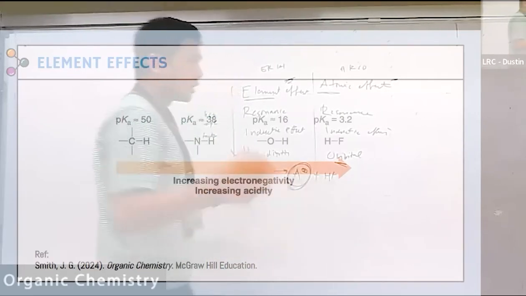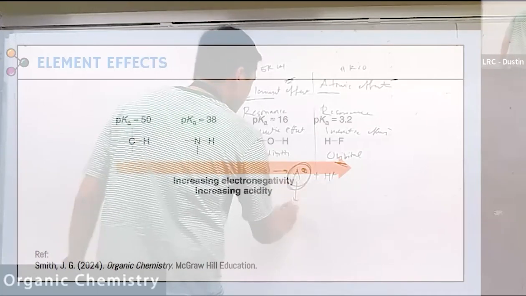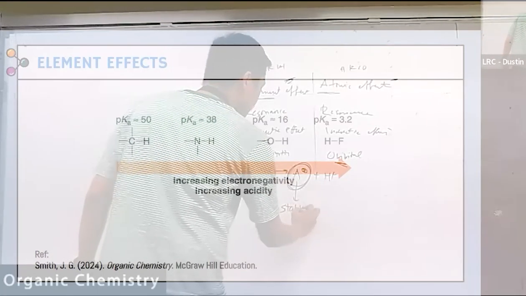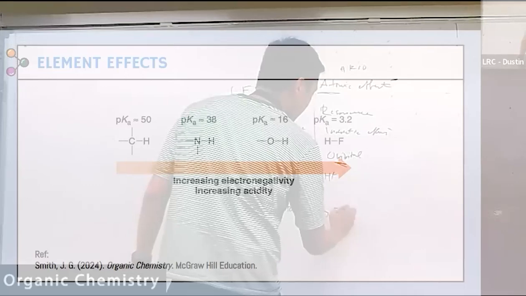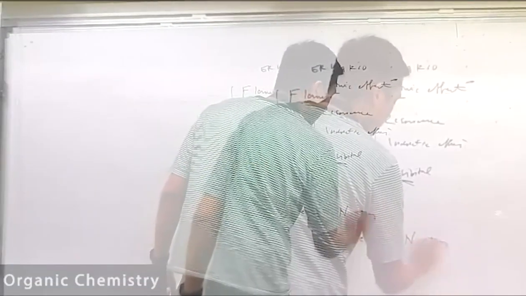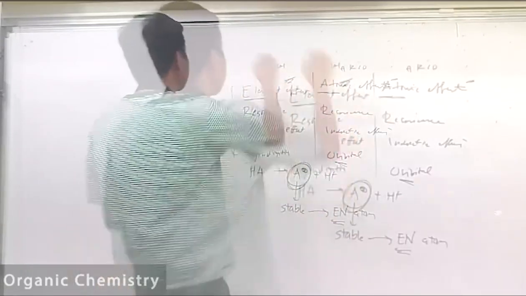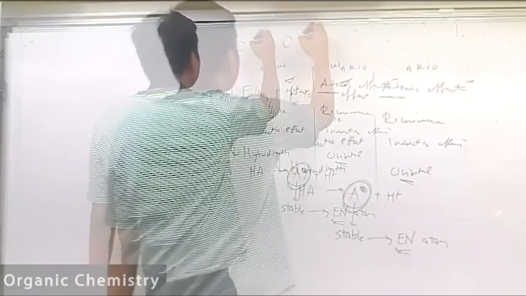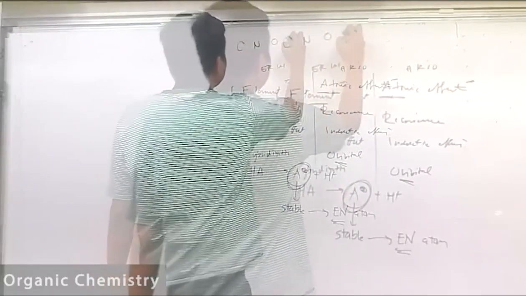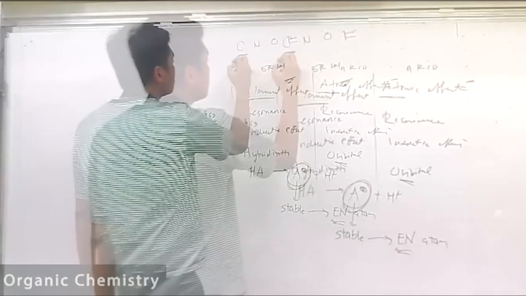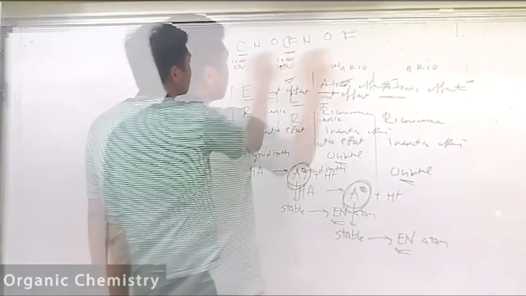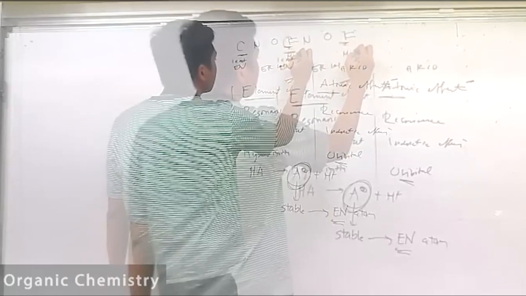So if you want your A to be stable, you need an electronegative atom. What are our electronegative atoms? Usually in organic chemistry, there are only four that are very important: carbon, nitrogen, oxygen, fluorine. Carbon is your least electronegative, and fluorine is your most electronegative.